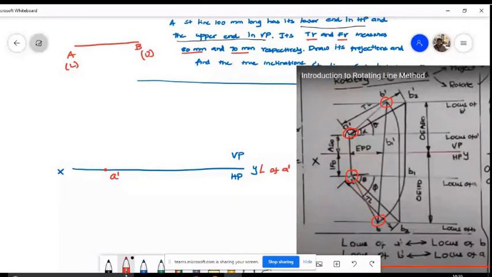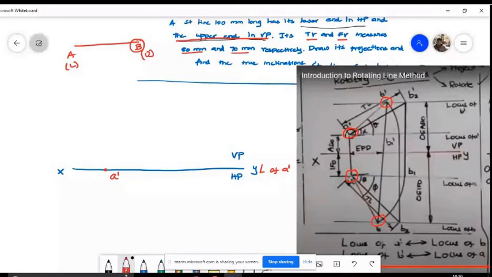Yes, sir. Okay. So the second point says that the upper end is in VP. Upper end means end B, that is in VP. So will that be visible in the front view or top view? Top view. Okay, the position is not clear, but it will be visible in the top view. Visible in the top view means again that it will be touching the reference line.